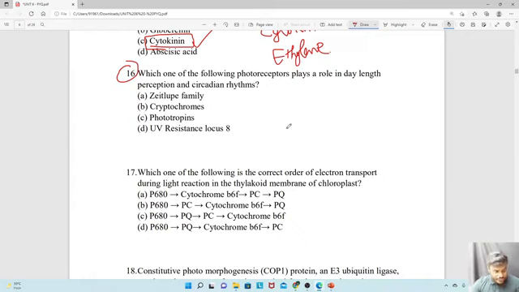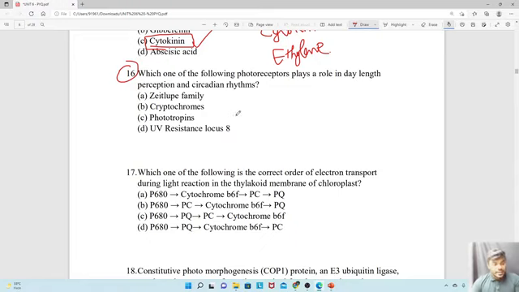Question 15 is C. That's right, Ria. Absolutely right. B. Yeah. Simon, what is your answer for B? Cryptochromes.